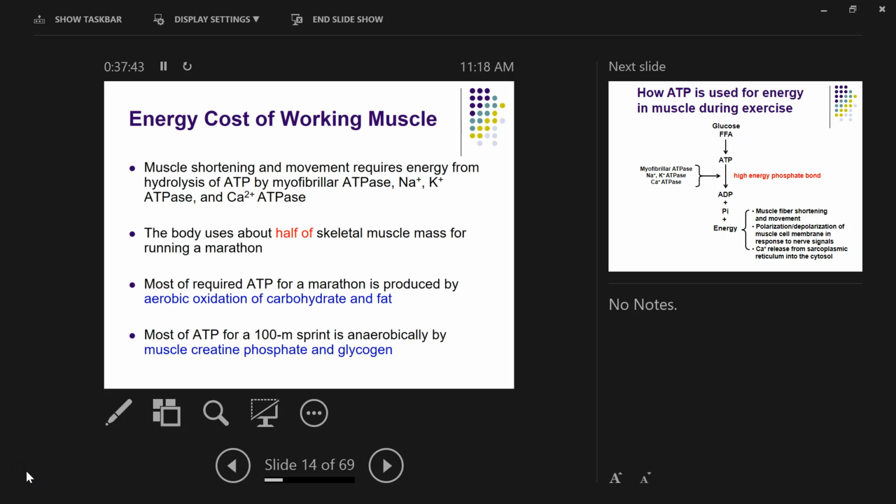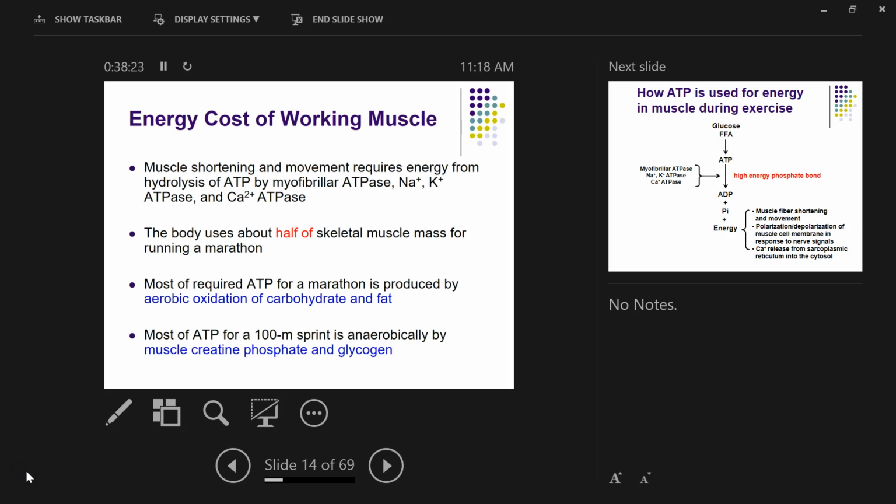Aerobic exercise utilizes both carbohydrate and fatty acids for energy, and this glucose and these fatty acids can be completely oxidized, right? And for anaerobic exercise, you're only able to use creatine phosphate and glycogen, like muscle glycogen, as the energy sources.